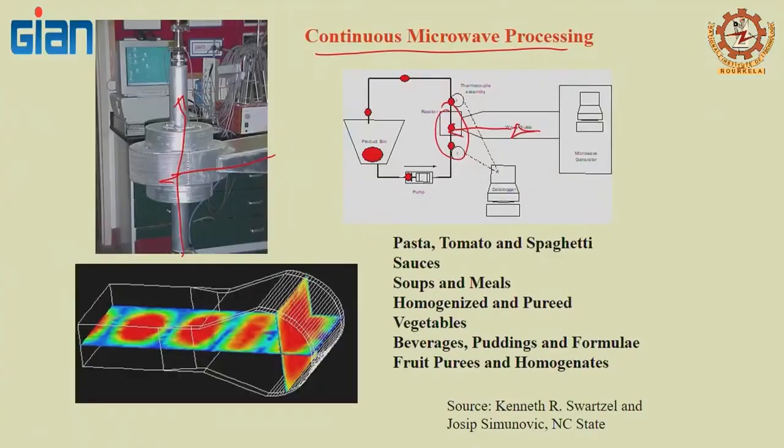So, in either case, you have to look at the uniformity of the temperature distribution during microwave processing. This is an example of one of those simulations. You can see that as you pass through the microwave, the center portions heat much more, reddish, so that means they are hot, whereas the blue or green are at a lower temperature.